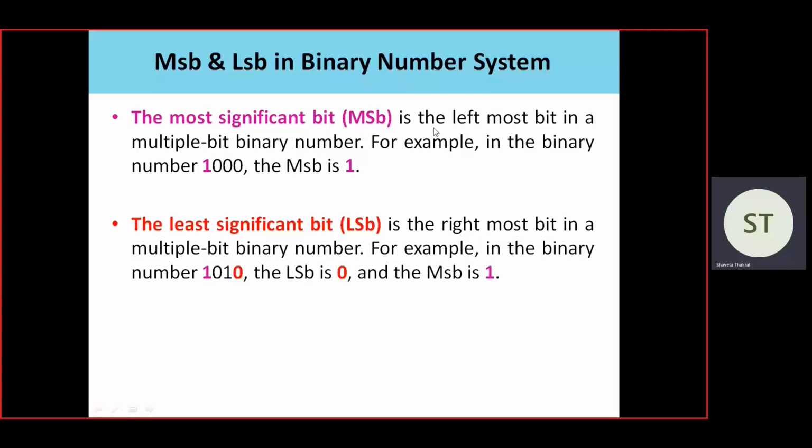The leftmost bit is the most significant bit, and the rightmost bit is considered to be the least significant bit. For example, if we have this number, here 1 is the most significant bit and 0 is the least significant bit. And if we see this number here, this 1 is the most significant bit and this 0 is the least significant bit.